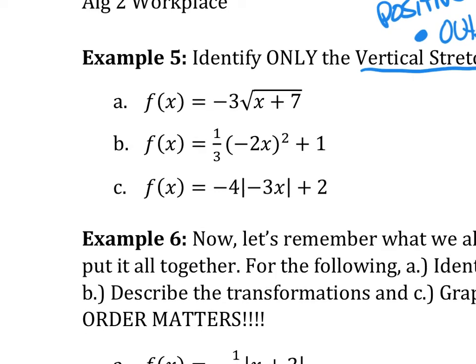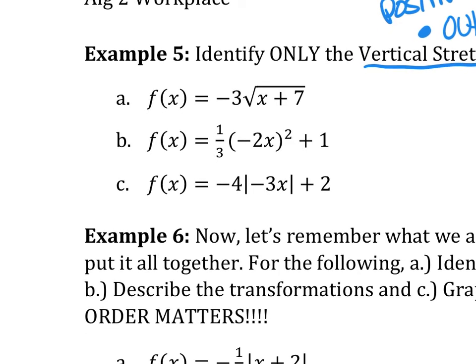So for letter A, what part of this equation here is a vertical stretch or shrink? Yeah, Devin. The +7 is a horizontal translation because that's addition happening on the inside. Remember, vertical stretches are multiplication that happen on the outside. Andrew? The 3.